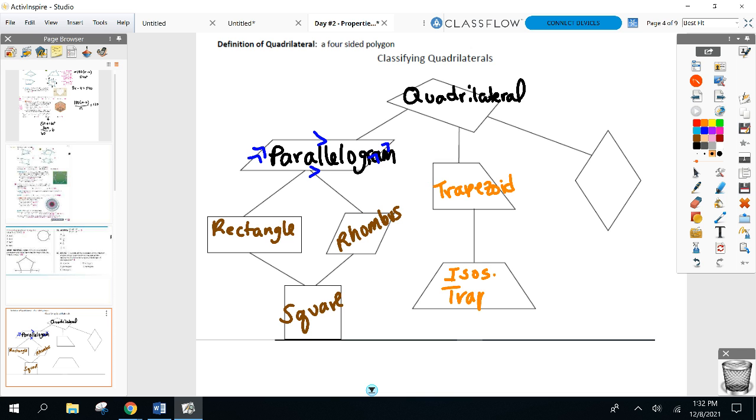He's got a little bit more extra than Tony. Why are these guys grouped separate from the parallelograms? Tammy, go ahead. Only one pair of parallel. That's it. They don't have both pairs. They only have one pair. Correct. And then we get to this one. No pair of parallel sides.